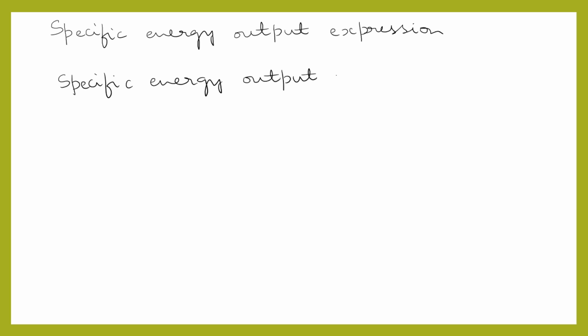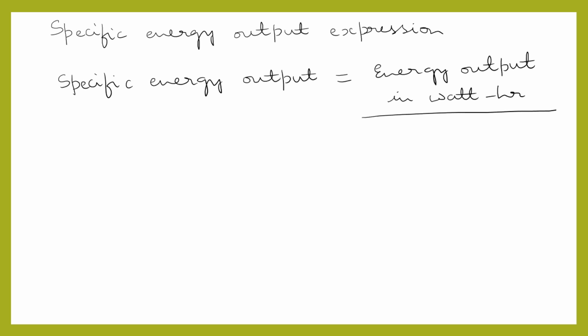So specific energy output is equal to energy output in watt hours, which is nothing but the energy consumed by the train, divided by dead weight of the train in tons into distance travelled in kilometer.